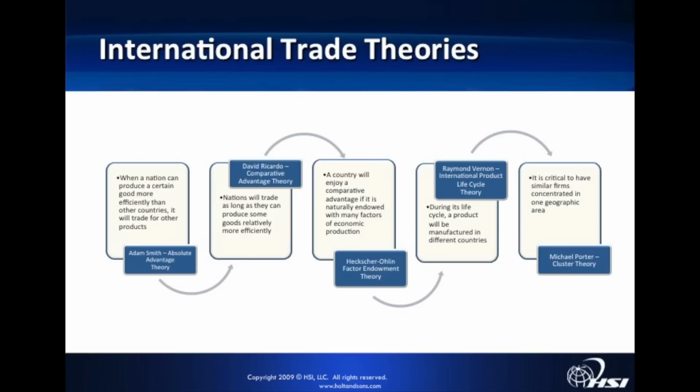We also have the Raymond Vernon International Product Life Cycle Theory. Product life cycle basically states that over its life, a product will be manufactured first in the country in which it was developed, then in other countries, and eventually in developing countries. Simply put, think of the TV.